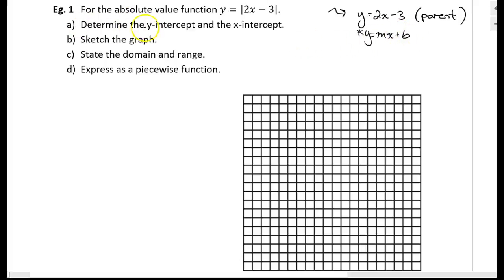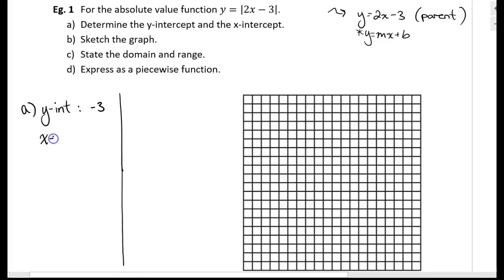So part A asks you for the y-intercept and the x-intercept. So our y-intercept is already given. It's negative 3. But that's for my parent function. So I'm going to do everything for my parent function and then I'm going to manipulate it.